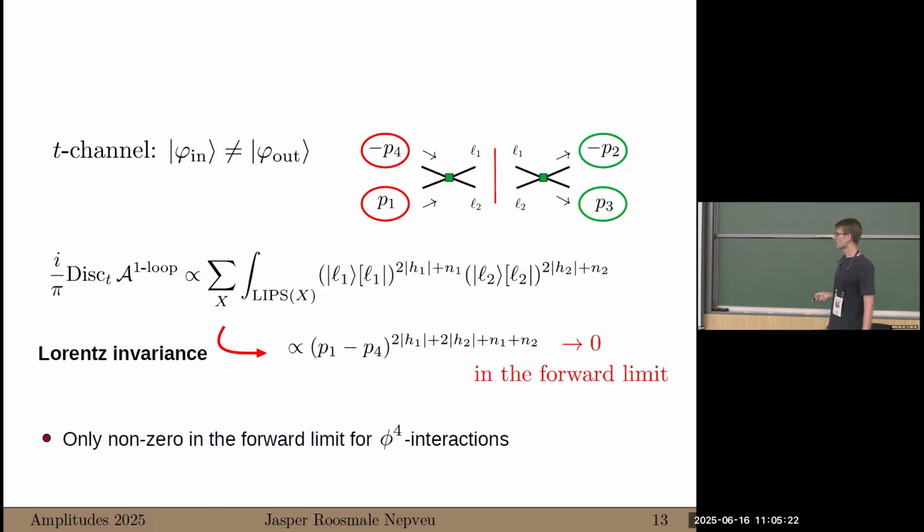As long as the exponent is positive, in the forward limit, where I'm taking the forward limit after doing the phase space integral, this contribution from the T-channel will vanish.